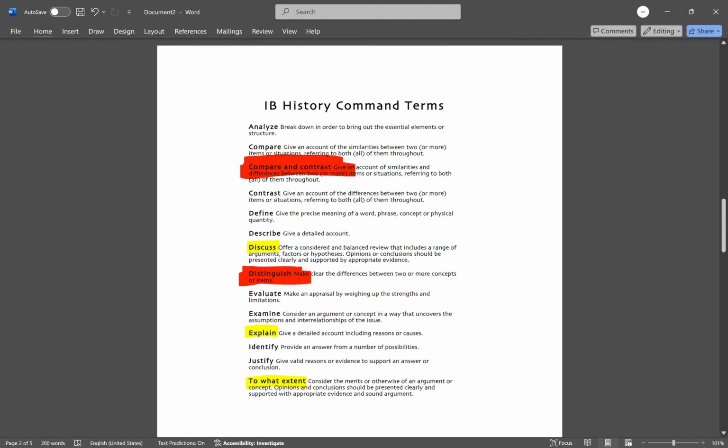So here are some of the IB command terms for history, and it just tells you what each one means so that you know what to write if you get one of these command terms in your paper 3 or paper 2 essay. These command terms are also used in paper 1s for the 9 markers at the end, so that is really useful.